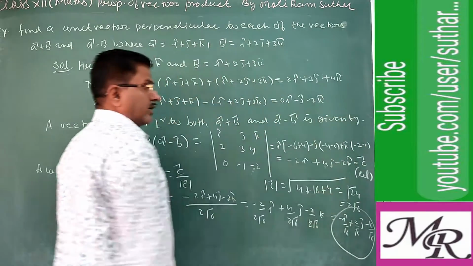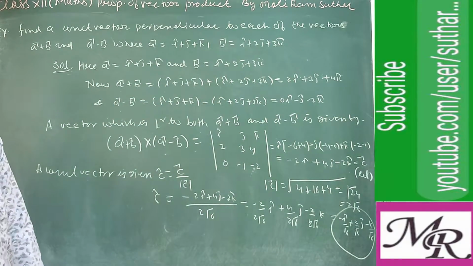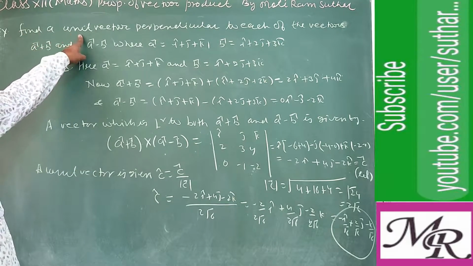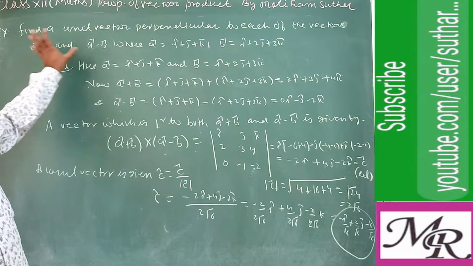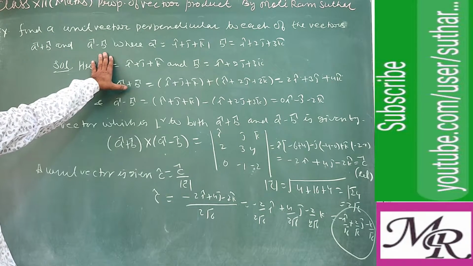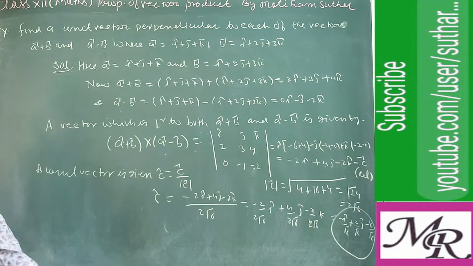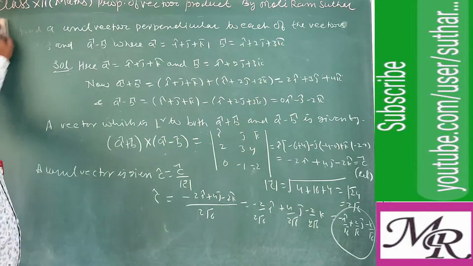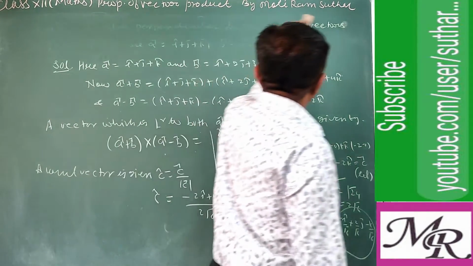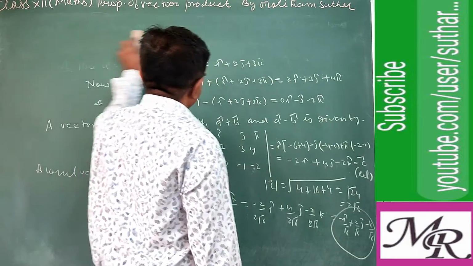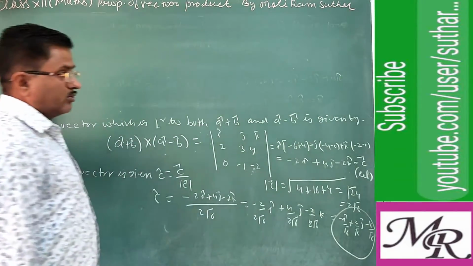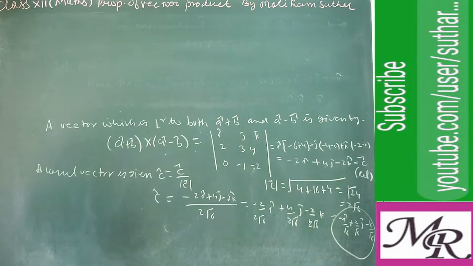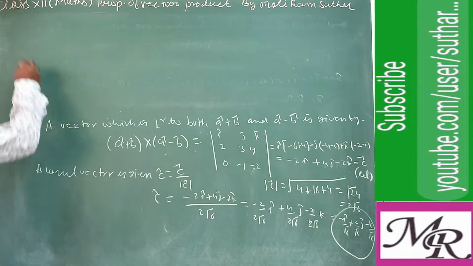So this is the required vector, which is the unit vector perpendicular to vector a plus b and vector a minus b. So this is a very important problem, how to find the unit vector. Next is: find the area of the triangle.